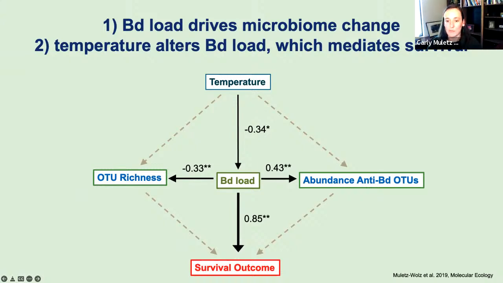But in an epidemic, it does not lead to changing survival outcome. Instead, BD load is what is driving whether you survive or die. But to add complexity, but also to highlight the importance of environment, we find that temperature is really important in this story also. The temperature is influencing BD load, that at lower temperatures, you have higher BD loads and then lower survival.